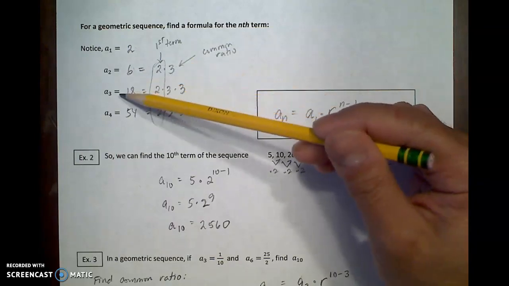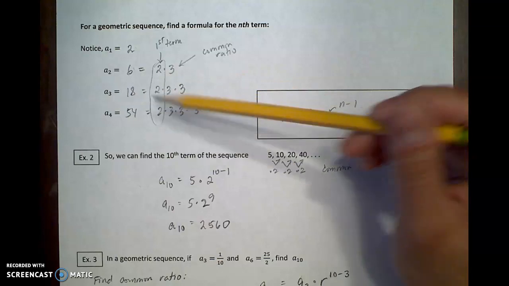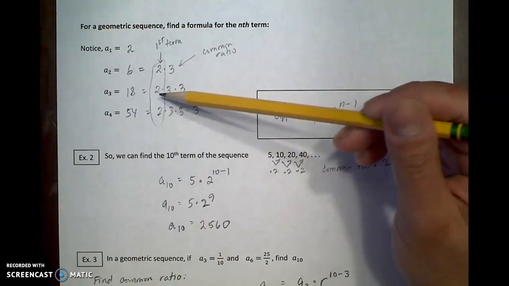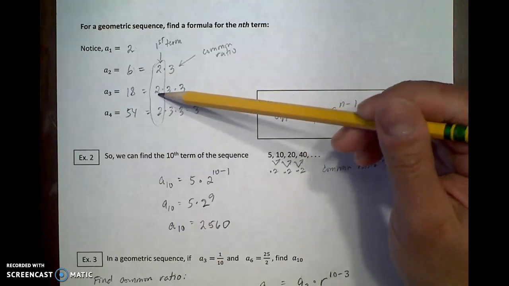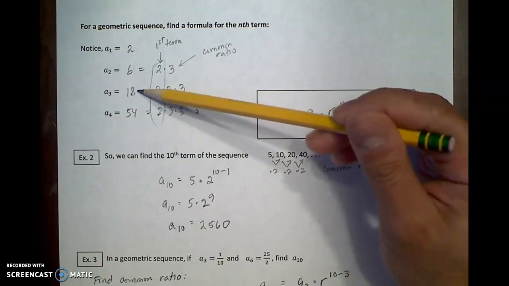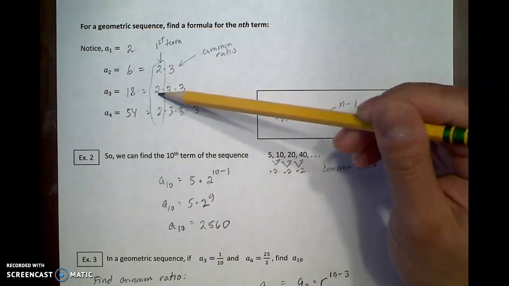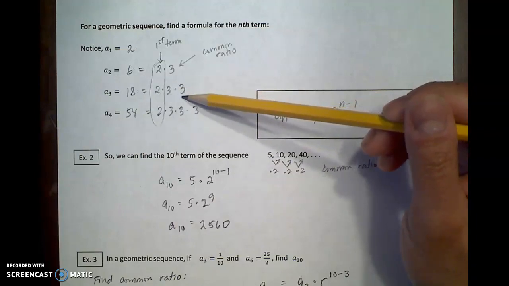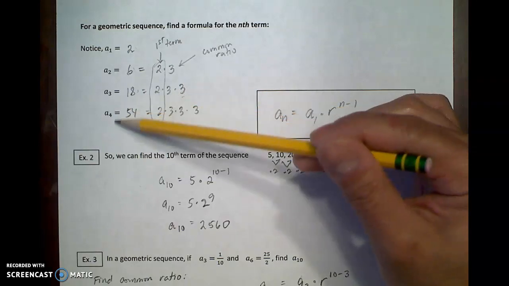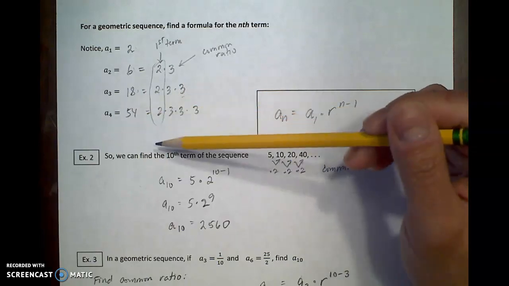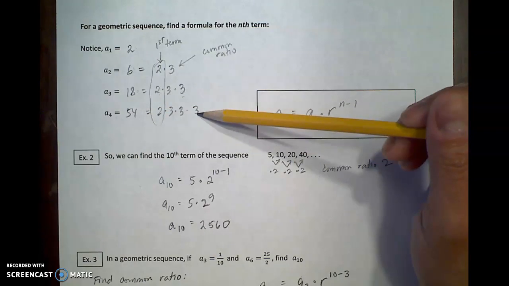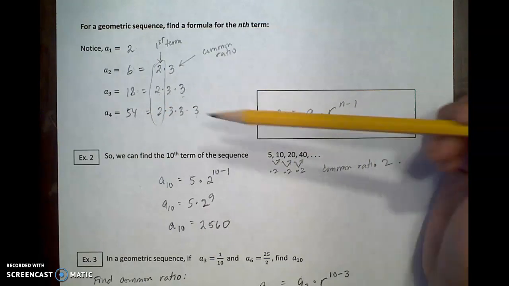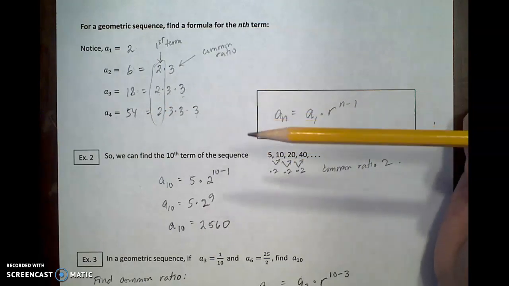And when I move on to the next term, the third term, the makeup of that third term is that I'm including the first term and I'm multiplying by another factor of the common ratio. So each time I move down to the next term, I am multiplying by another factor of the common ratio.